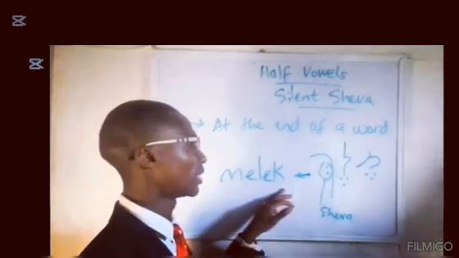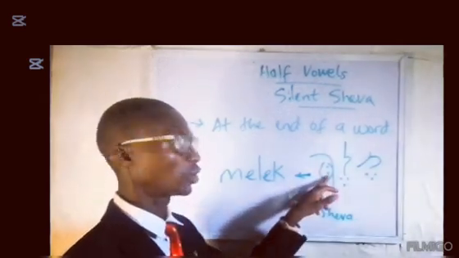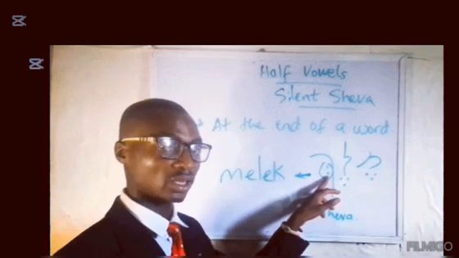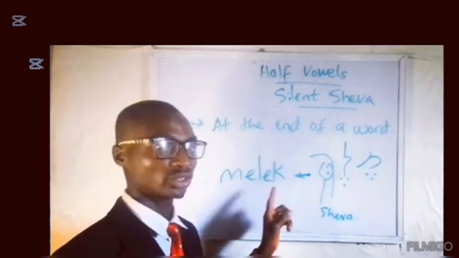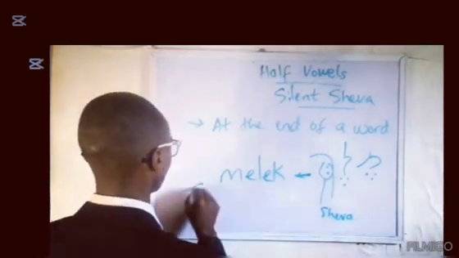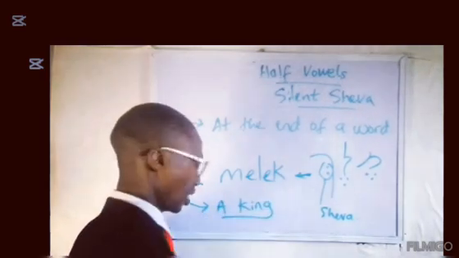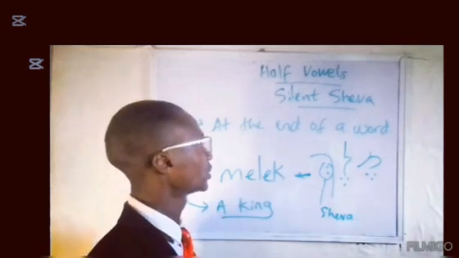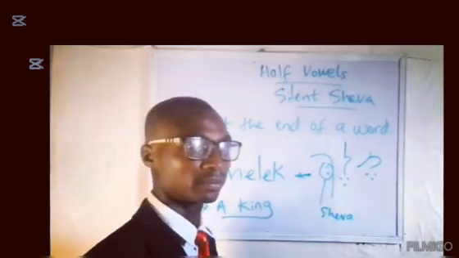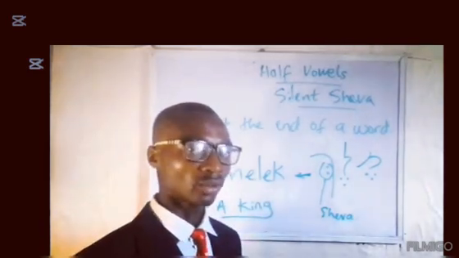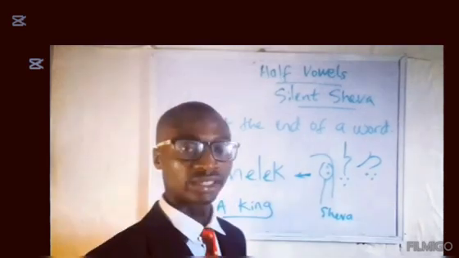For instance, Melek: there is no sound of the sheva in this pronunciation. Melek means king. So this is another point to note in addressing the silent sheva.